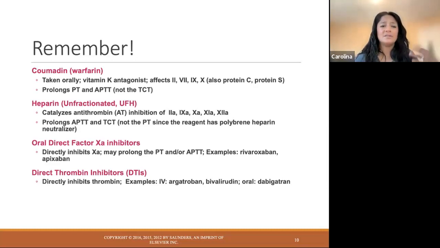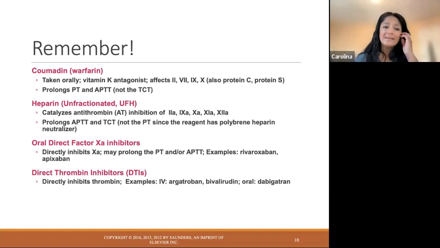Anti-Coumadin and warfarin will prolong the PT, but not so much the APTT, and not the TCT, okay? So just keep that in mind. Heparin and unfractionated heparin, remember, it catalyzes antithrombin, which inhibits certain factors. It prolongs the APTT and the TCT, but not the PT, since the PT has the polybrene heparin neutralizer.